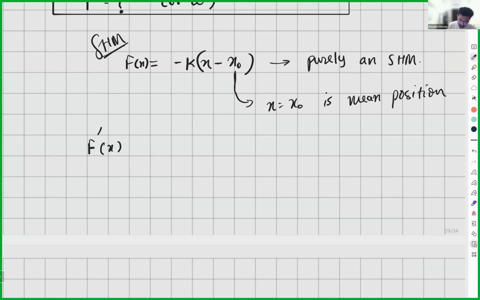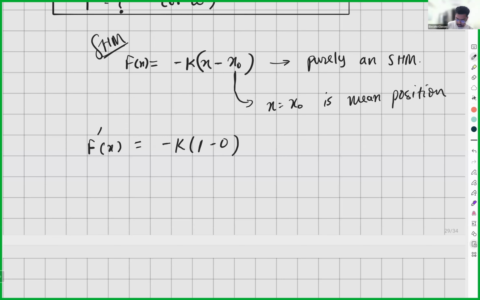Now if I take the derivative, then what am I going to get? This will be minus k into one minus zero.